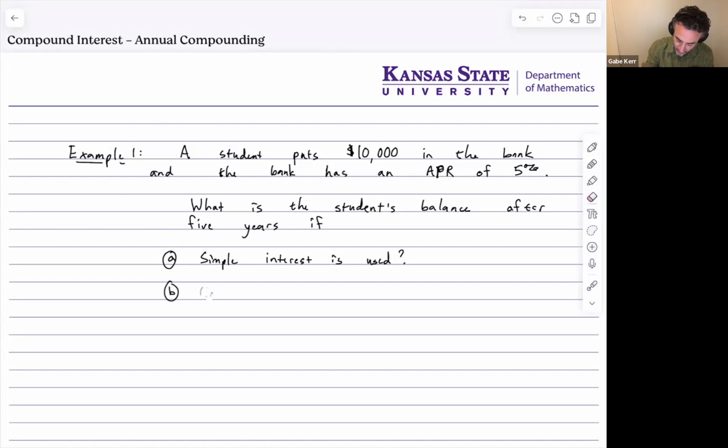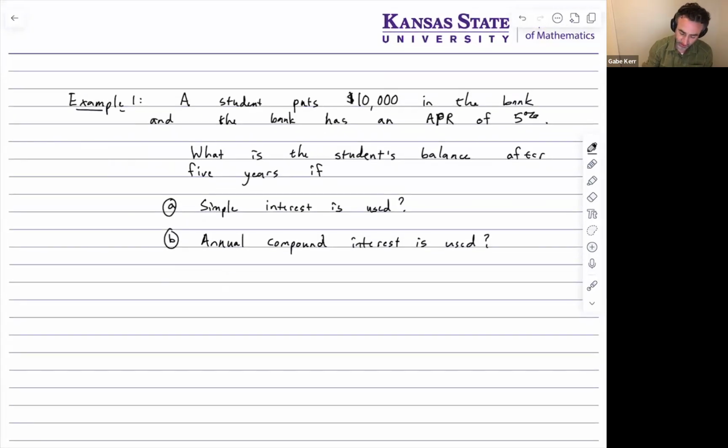And we'll say annual compounding interest is used. All right. So we're going to discover what annual compounding is as we answer this question.